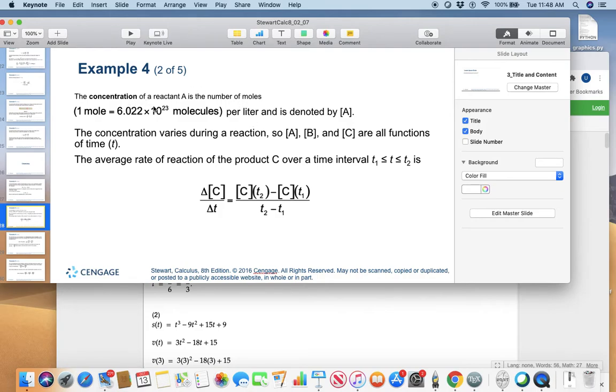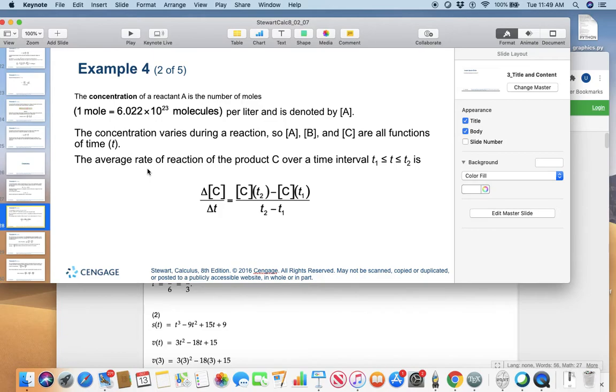So what is concentration? Number of moles per liter, denoted by bracket A. Bracket A stands for concentration. The concentration changes during a reaction. So the concentration of A, concentration of B, concentration of C are all functions of time t.